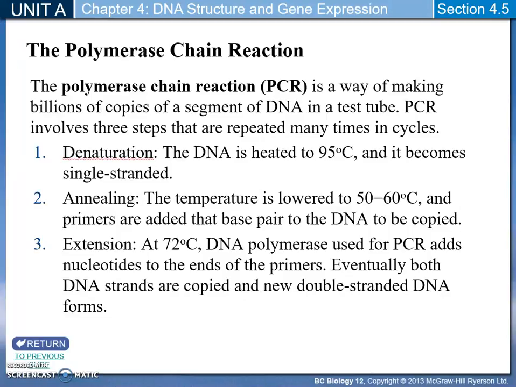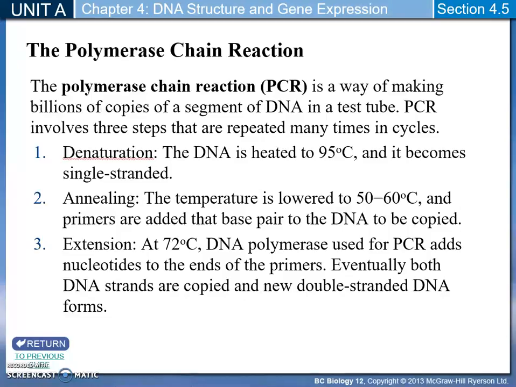Also annealing: the temperature is lowered to 50 to 60 degrees C, and primers are added that base pair to the DNA to be copied. And then the extension at 72 degrees C: DNA polymerase used for PCR adds nucleotides to the ends of the primers, and eventually both DNA strands are copied and new double-stranded DNA forms.